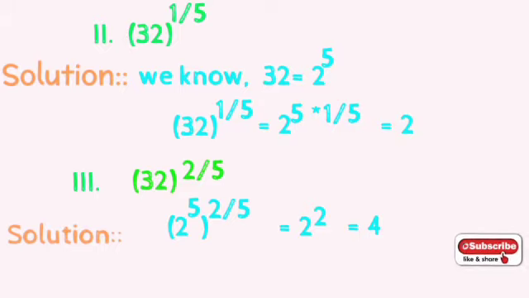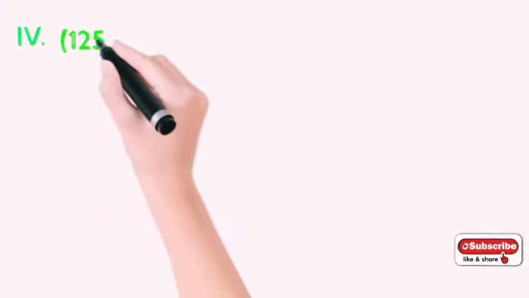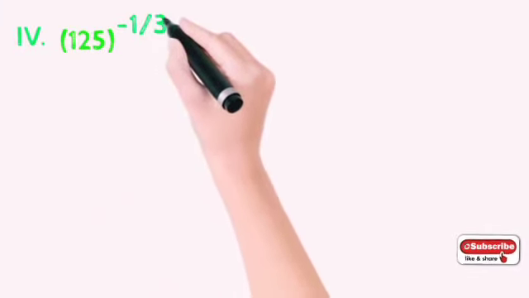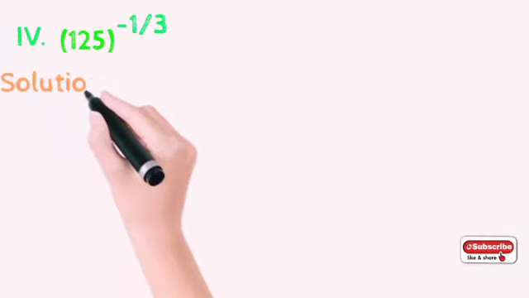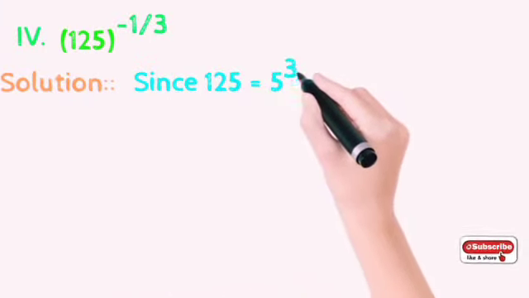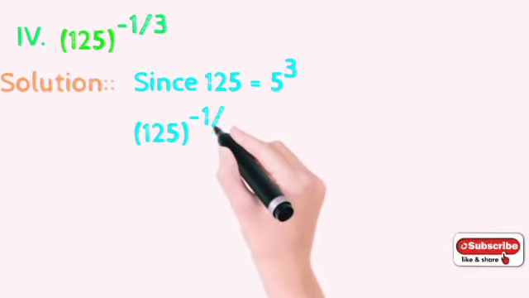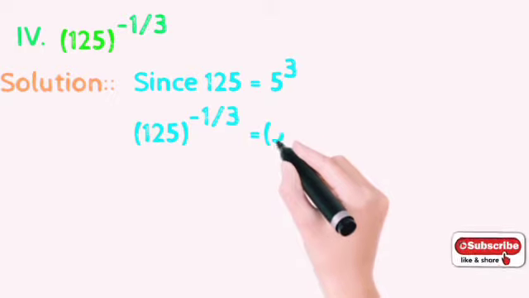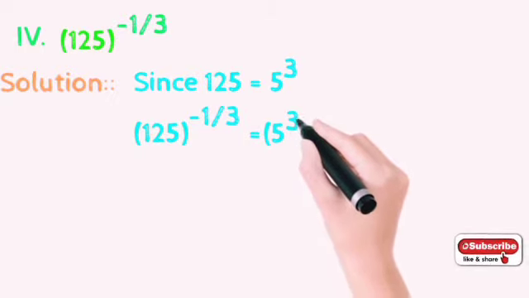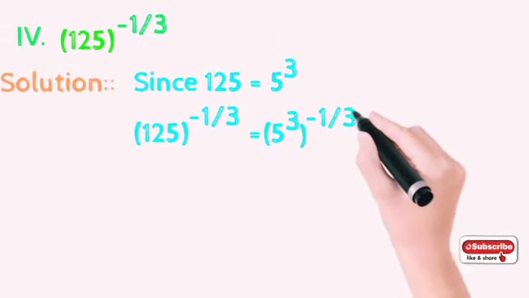Now let's come to question number 4. It says 125 to the power minus 1 by 3, and the solution will be: 125 you can write as 5 cube, meaning 5 into 5 into 5 will give you 125. For 125 to the power minus 1 by 3, when you place the value 5 to the power 3 into minus 1 by 3, 3 and 3 will get cancelled, and what remains is minus 1.